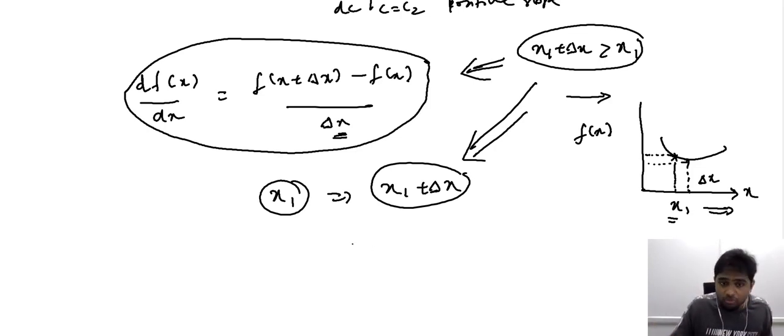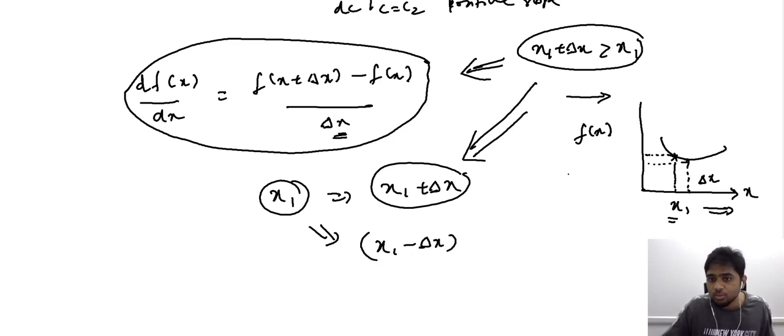Now it is also possible for us to have another point which is less than our desired point.